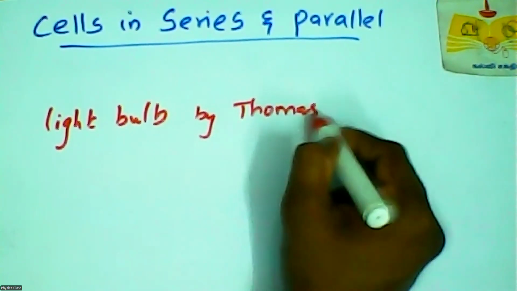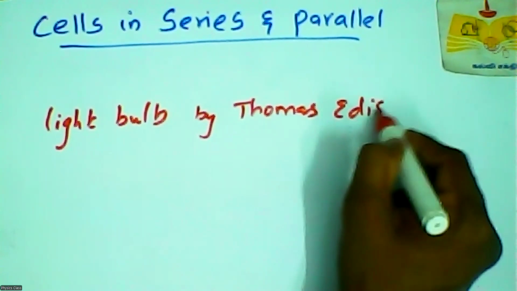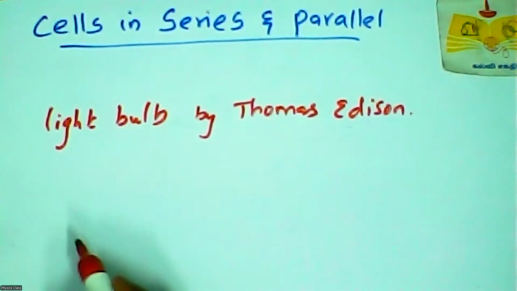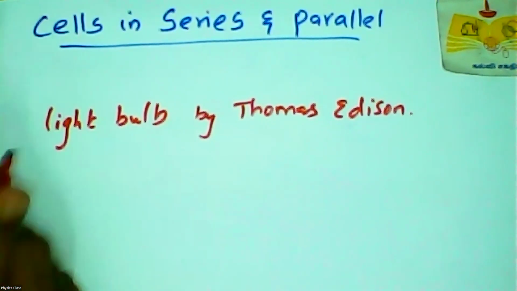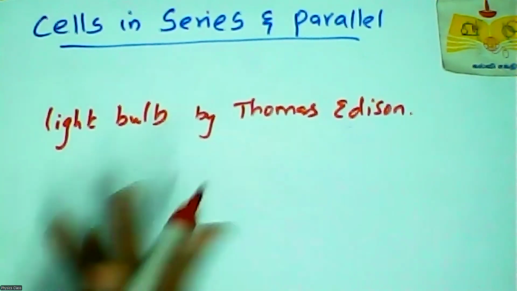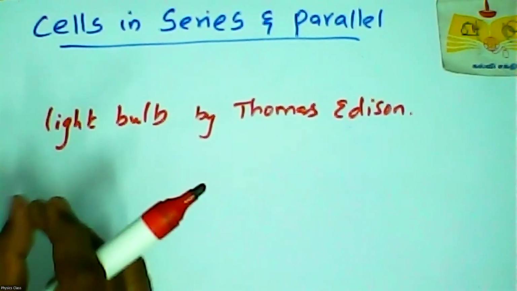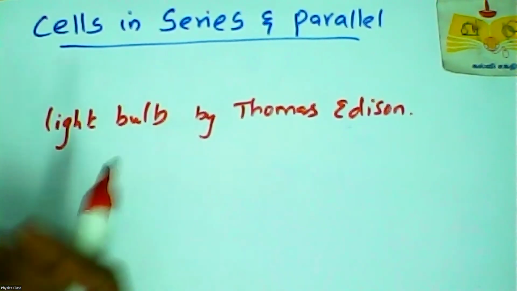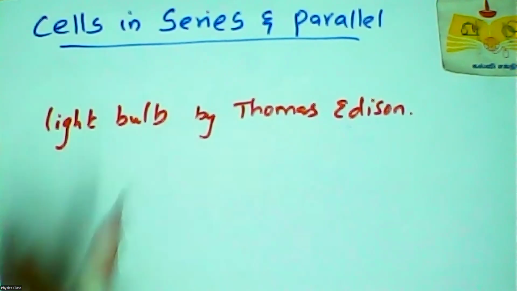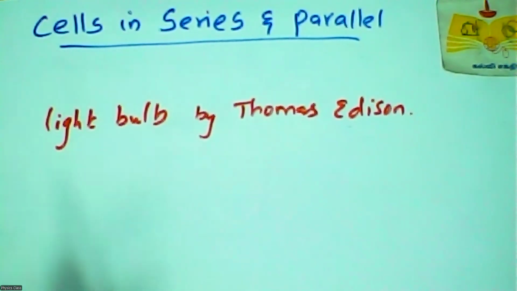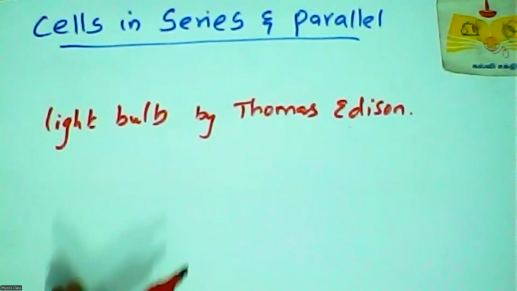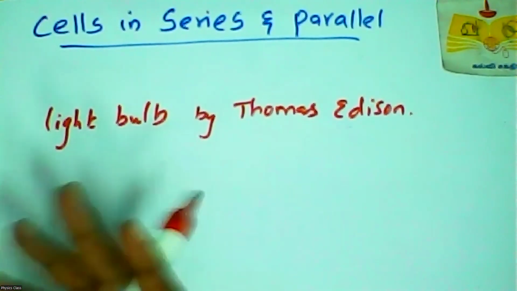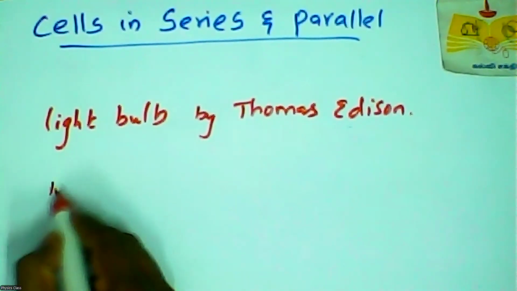So it was not one single flash of genius. It was a journey of over 10,000 failed attempts. When a reporter asked him, how did it feel to fail 10,000 times?